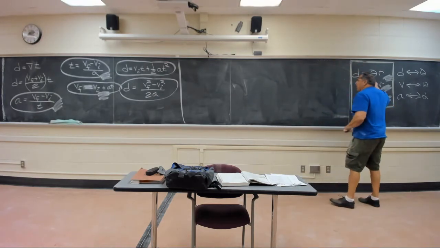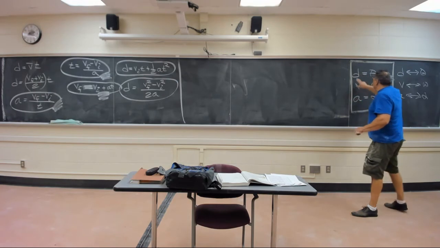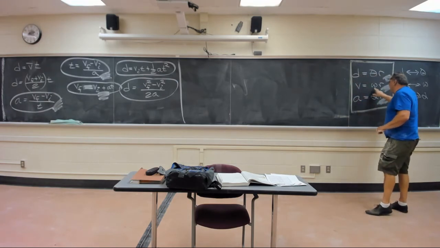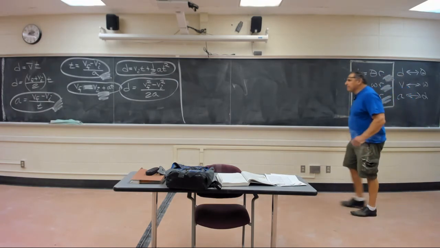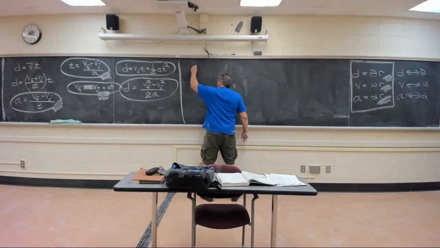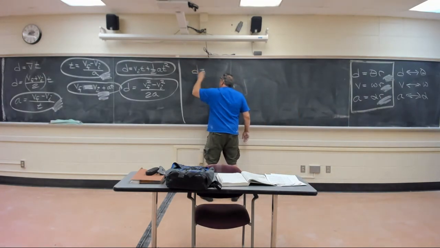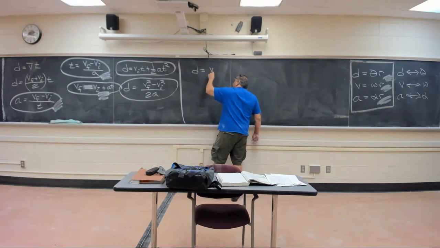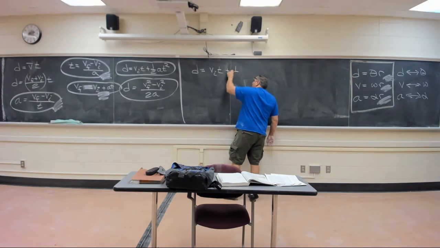Well, I'll tell you what I'm going to do. I talked about D equals theta r, V equals omega r, A equals alpha r. Is it true that D equals VI t plus 1/2 a t squared?